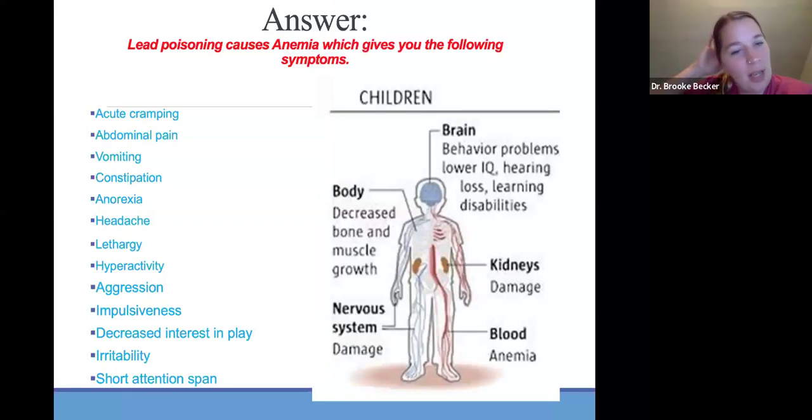Yeah, good. Anorexia, lethargy. They might start having ADHD type symptoms. Okay. And it's the #1 cause of anemia. So you're going to get those anemic type symptoms too.